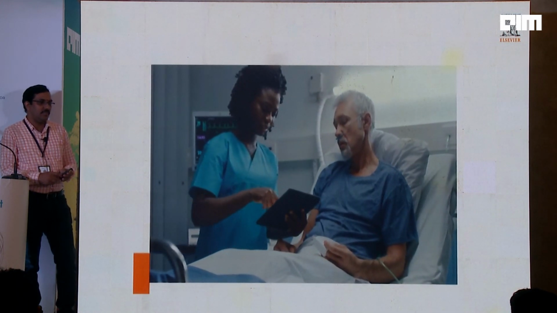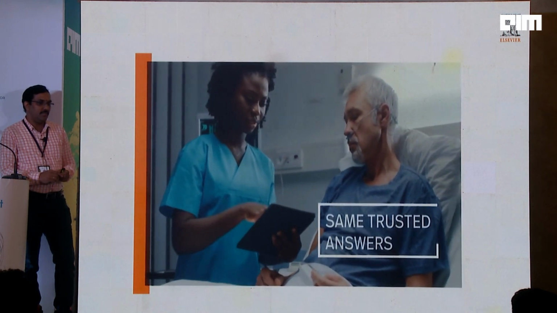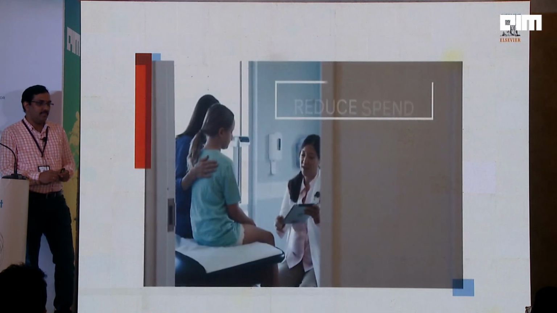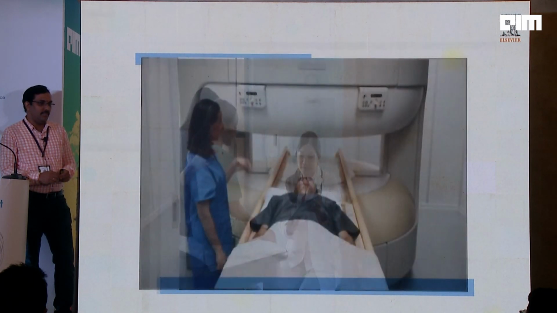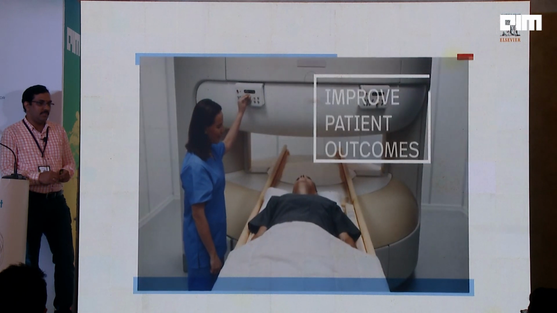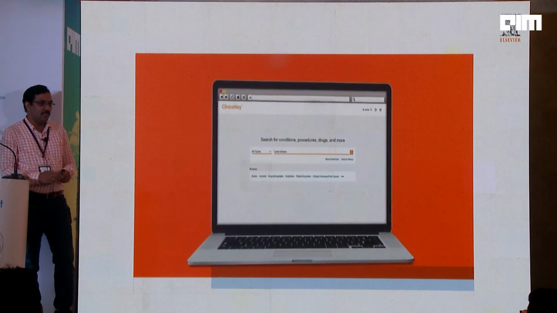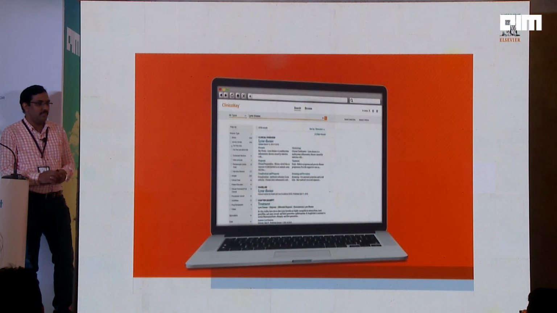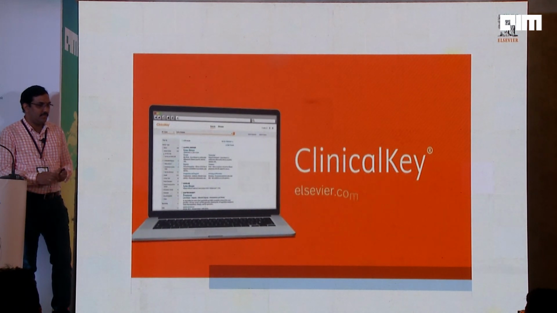This new perspective on information means more efficiency for your teams, who can now operate from the same trusted answers. Your organization can reduce your overall spend on clinical decision support, and most importantly, you can minimize the possibility of an error that could put patient outcomes at risk. This is why more and more health leaders are turning to Clinical Key to improve clinical practice through informed, confident decisions. Visit us online to learn more.